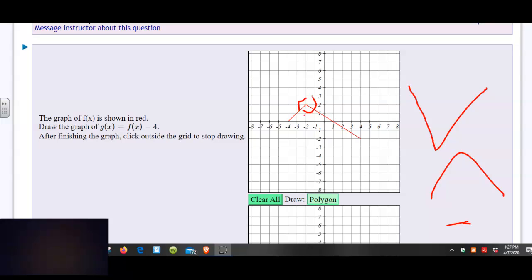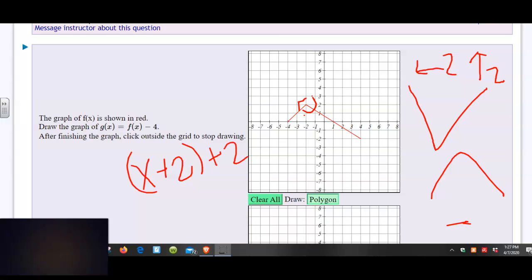It's moved left 2 and up 2, and it's negative. So that's what's happening right there, if you can see that. So left 2 might be x plus 2, and up 2 might be plus 2. So it's kind of like the absolute value of that. There you go.